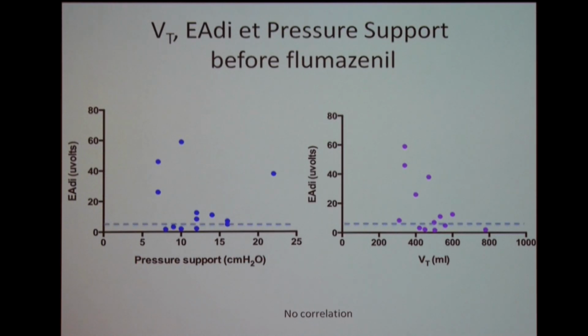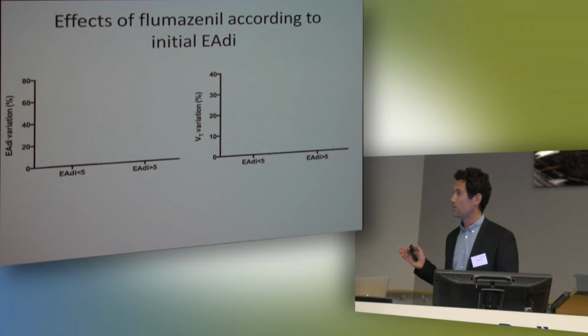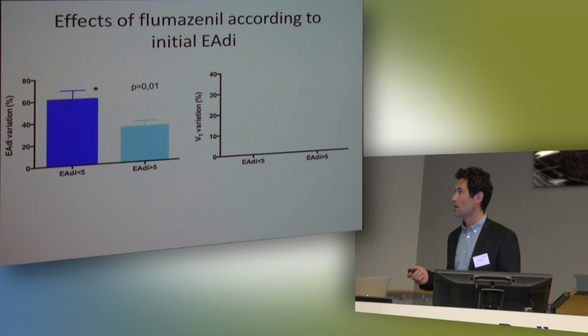So I looked at whether patients with less than 5 microvolts of EDI are different from patients who have more. And it's true that if you put a cutoff at 5, the variation of EDI is much higher. There's a significant difference when you use flumazenil, and it's also the same for the tidal volume.